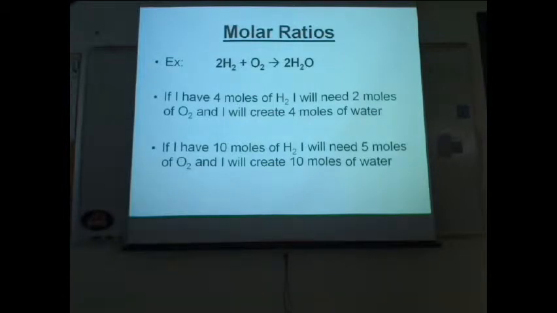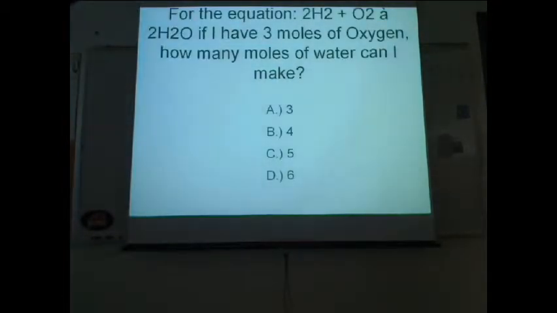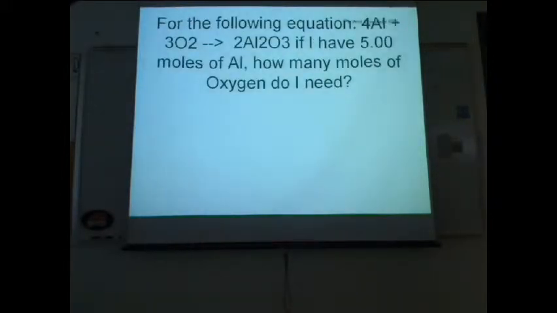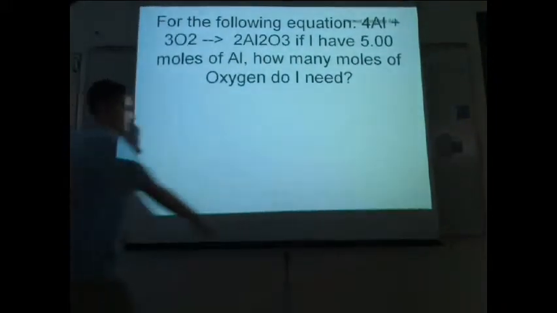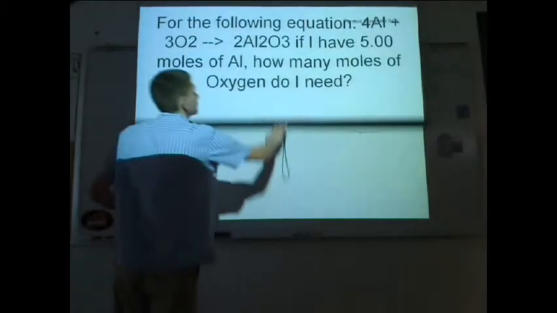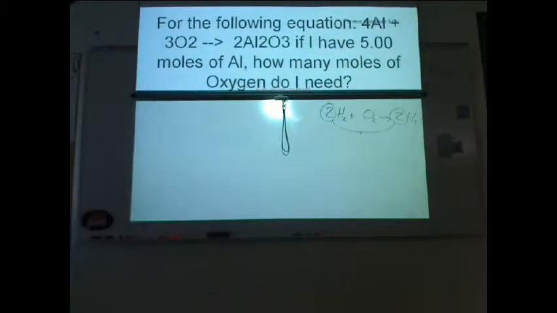Okay, just got to watch those ratios. So here we go. We did the same equation talked about last time. If you have 3 moles of oxygen, how many moles of water can you make? So it's just like any other conversion problem, information times in a line.